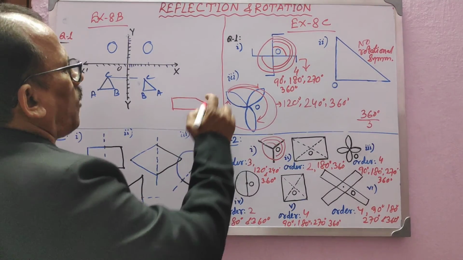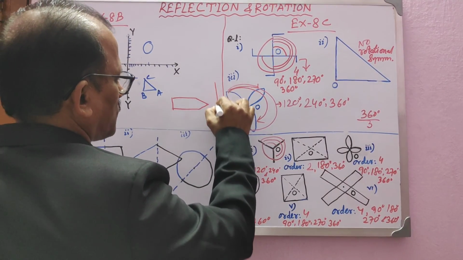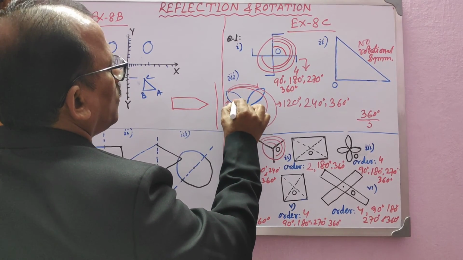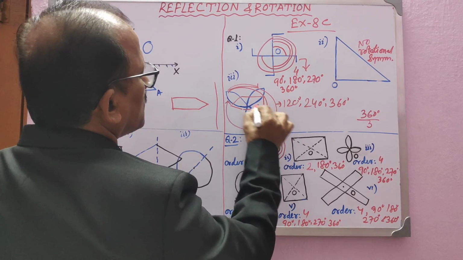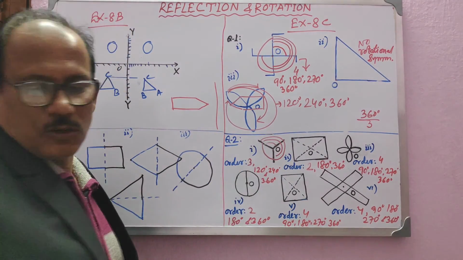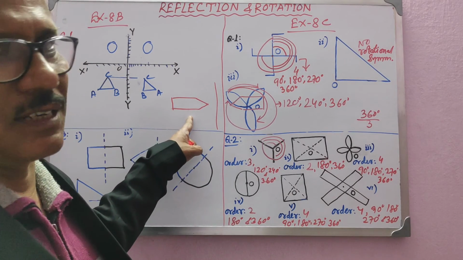Of course, it will have a reflection symmetry. If this is the axis of symmetry, the figure will come like this. Yes, reflection symmetry it will have, but rotational symmetry about a point it will not have.